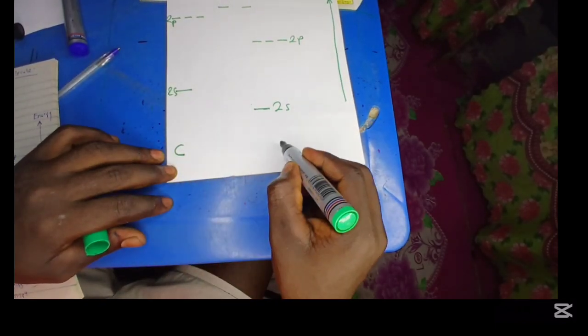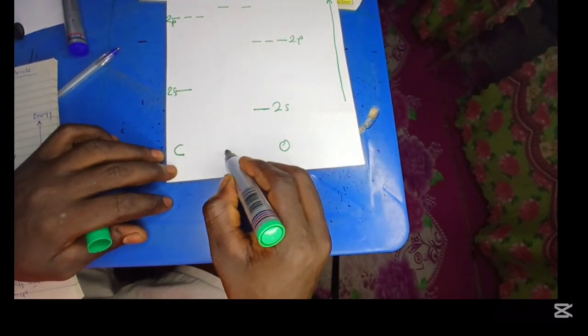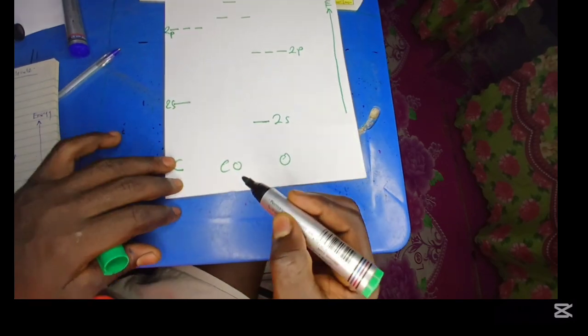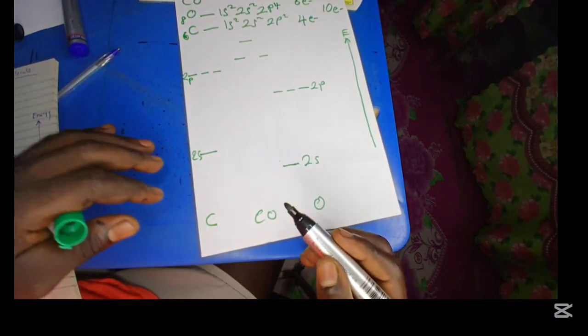Carbon should be here, oxygen should be here, and the molecular orbitals should be in the middle.